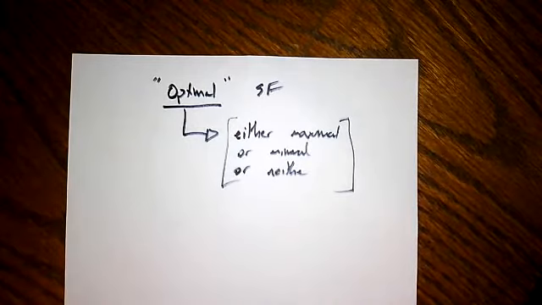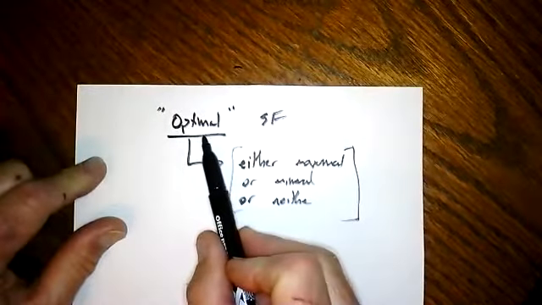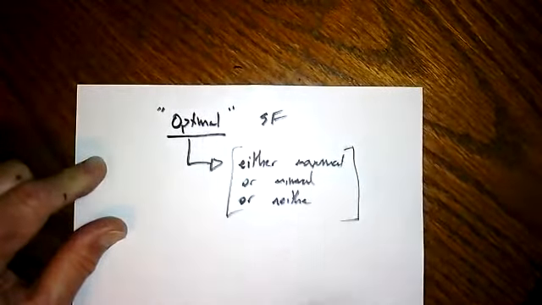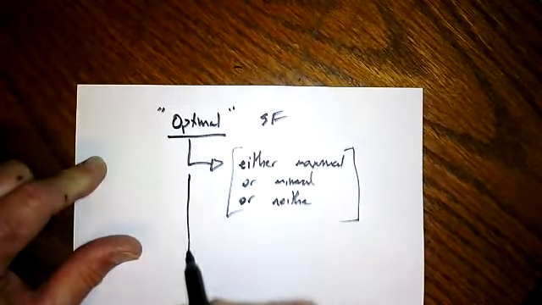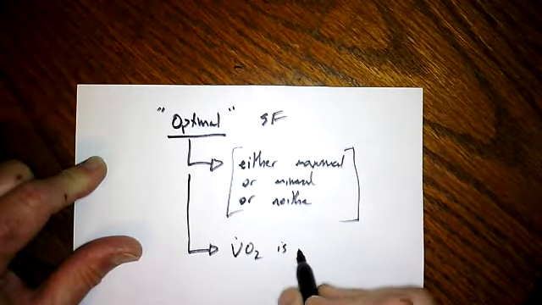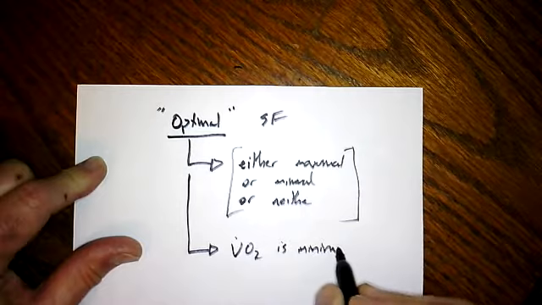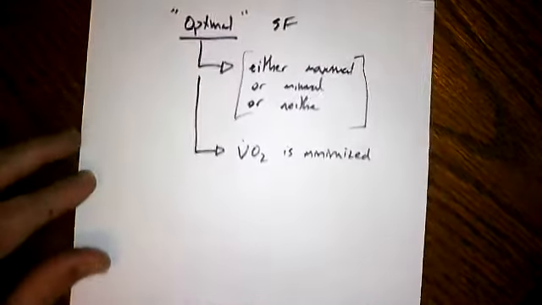Sometimes it's neither maximal nor minimal, and sometimes it's one or the other. And so I try to be careful in using this term, just like I try to be careful with using terms like efficiency. In this case, what we're going to be looking for is where VO2 as a rate is minimized. Okay. All right. So now let's look at how we would do that.